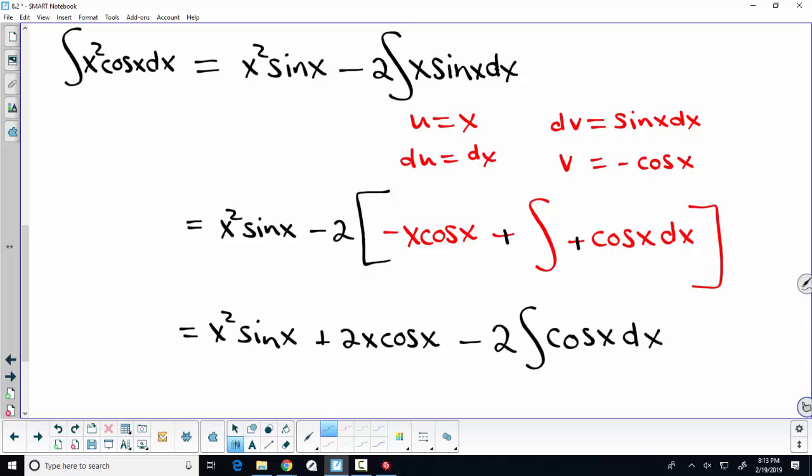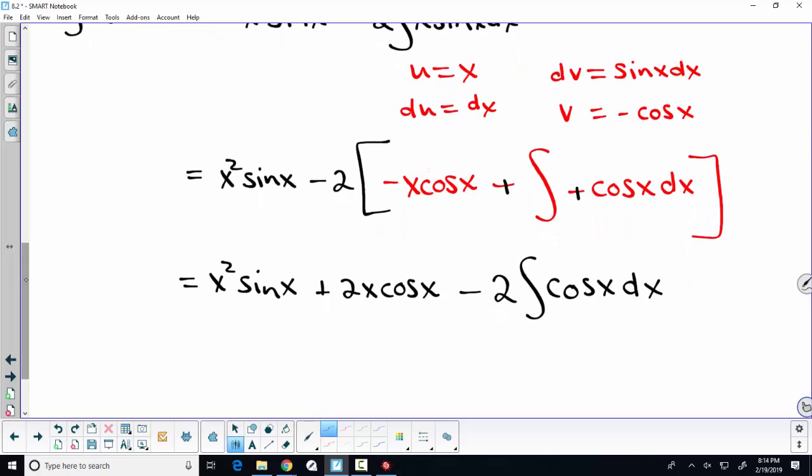So I don't know, you might find it easier to leave the constants of integration in and just consider those part of your algebraic or your trig or whatever. Nonetheless, we now have something we can finish antiderivative for.